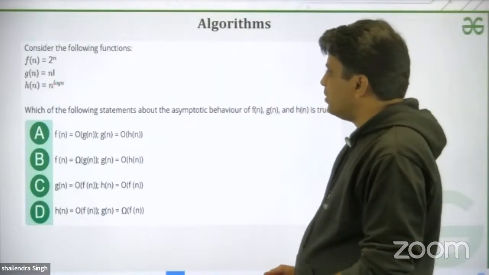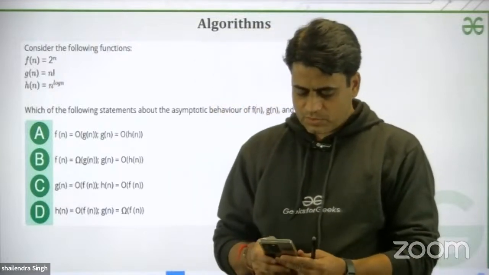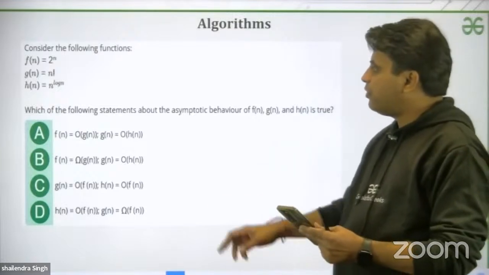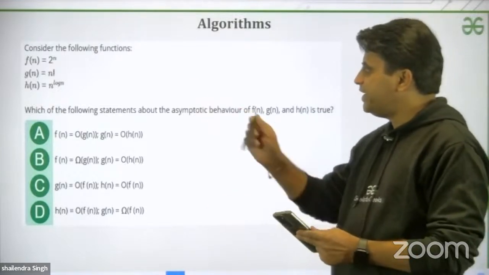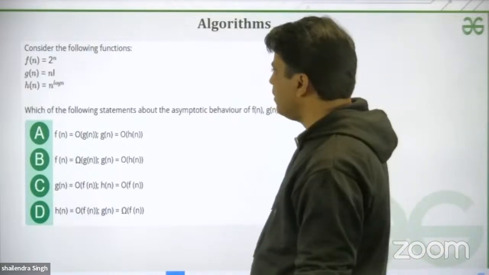This is one more question, what is your answer? Consider the following functions: f(n) equals 2 to the power n, g(n) equals n factorial, h(n) equals n to the power log n. There are three functions given, right?